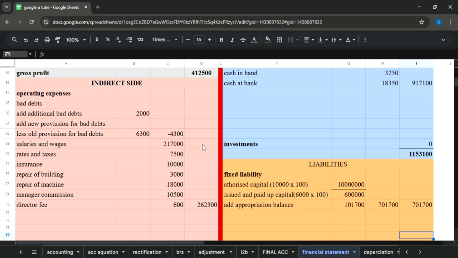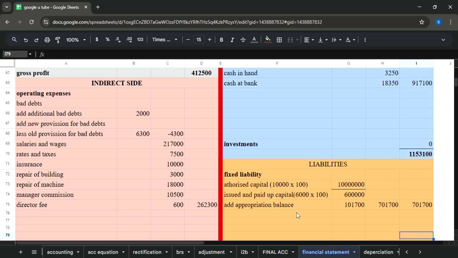So the remaining 4,300 is actually owed to the owner of the business, or the company will own this 4,300. That is why it is a liability of the business. So please mentally prepare what we are going to do. We are transferring this 4,300 into the liability side.